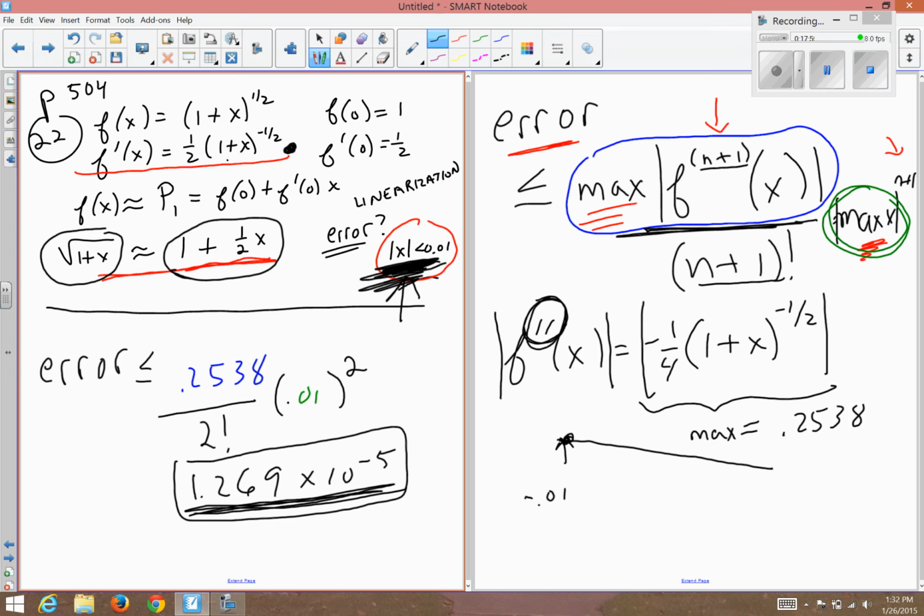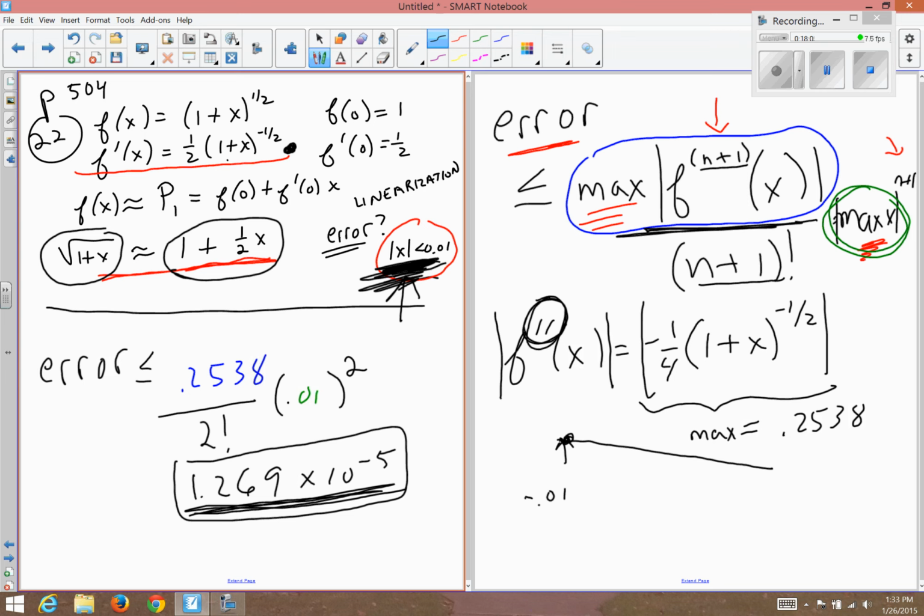All right, so next one we're looking at is number 32. It says f of x equals 1 plus x raised to the k.